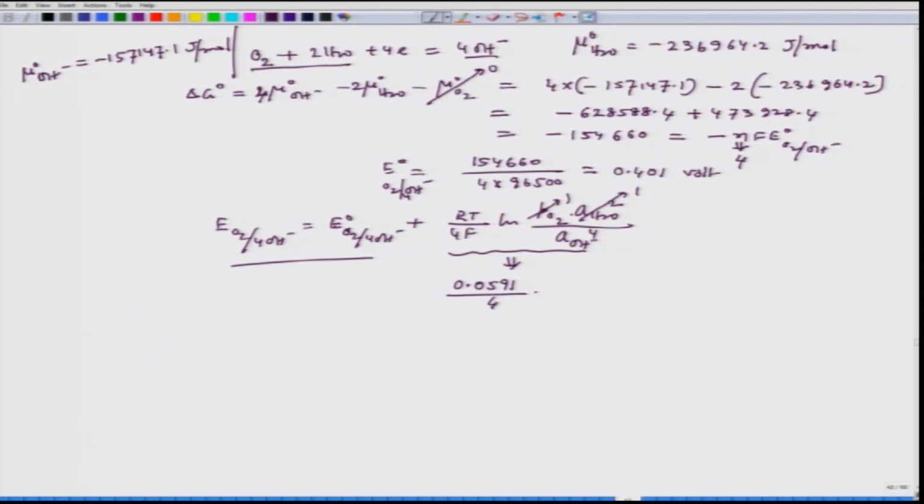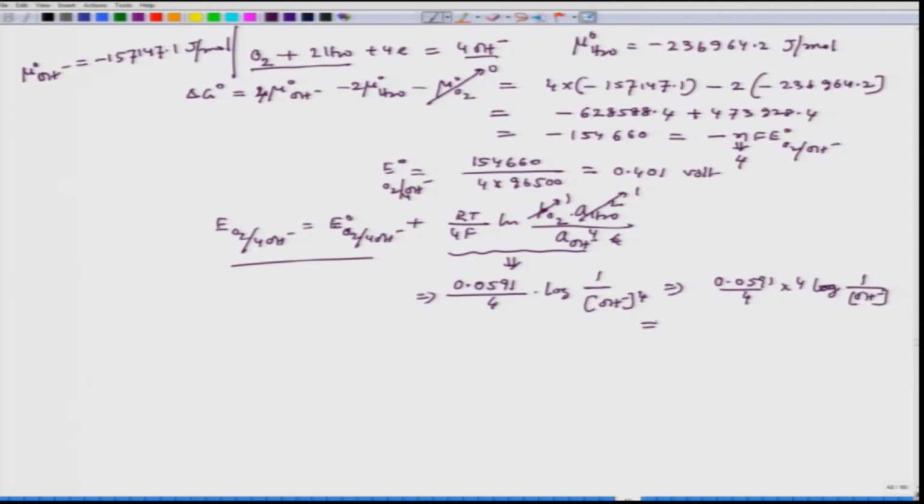Now, if this is not equal to 1, and if it is a dilute solution, because in the dilute solution ideality can be maintained, then log 1 by 4. So, this we can write as 0.0591 by 4 into 4 log 1 by OH minus.